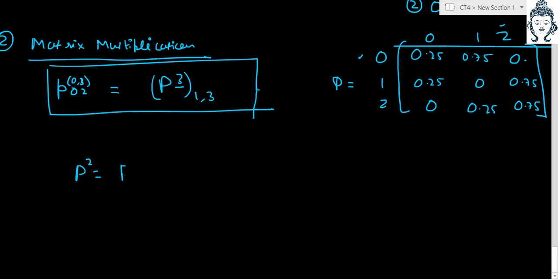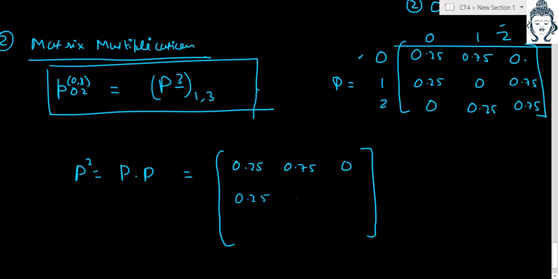P square is basically P into P. I'm forward multiplying P with P. So this is 0.25, 0.75, 0, 0.25, 0, 0.75, 0, 0.25 and 0.75.